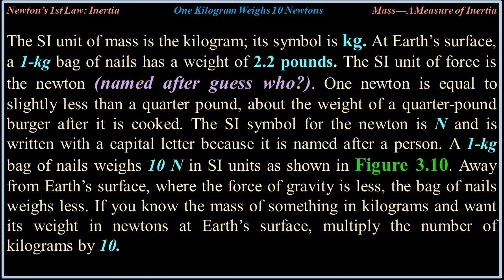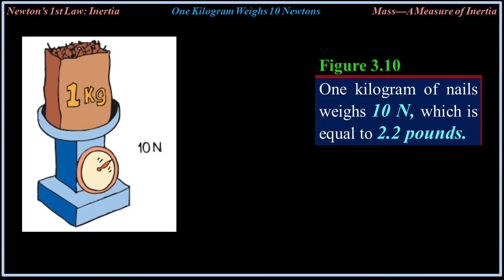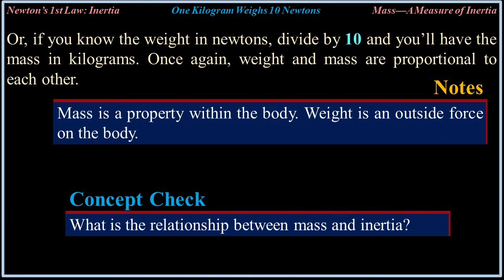And there is figure 3.10. 1 kilogram of nails weighs 10 newtons, which is equal to 2.2 pounds. It's actually 9.8, but we say 10 because we round off for mathematical simplicity.